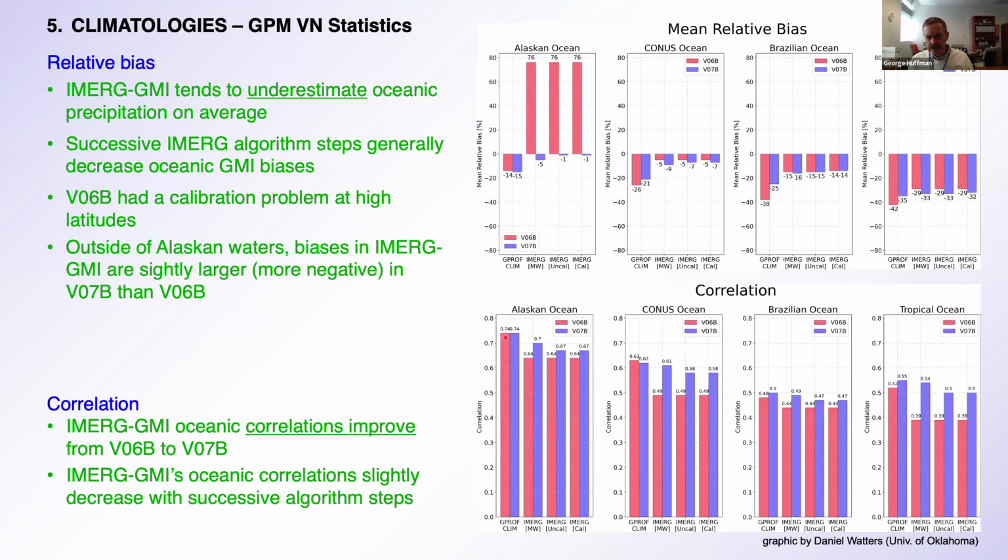What you tend to see is that there's a slight degradation in the correlation. That basically says that we're optimizing things other than correlation as we go through these various steps, in order to get a product which, in some aggregate sense, we think is more accurate. So you lose some correlation, but it's not terrible.